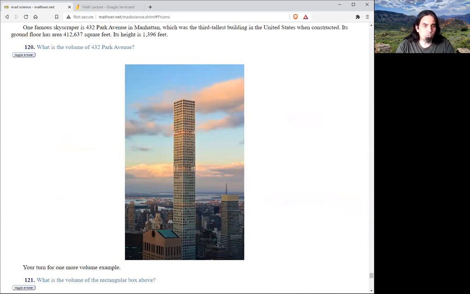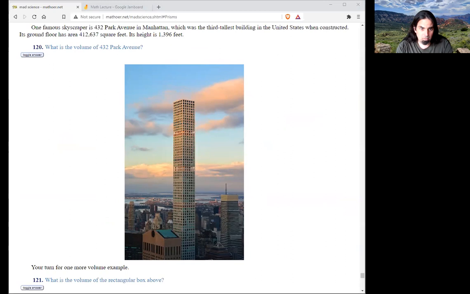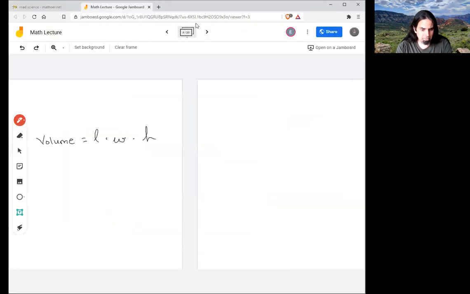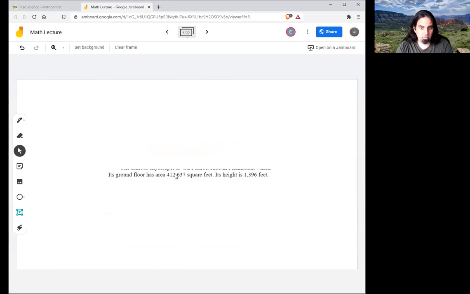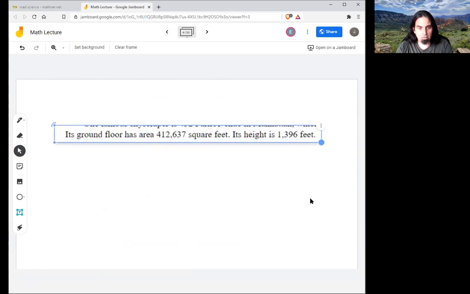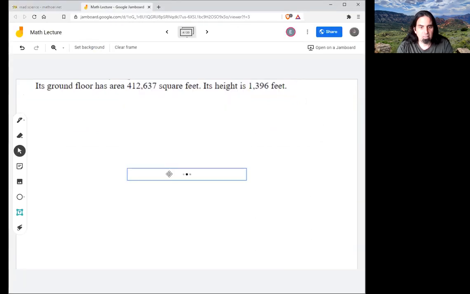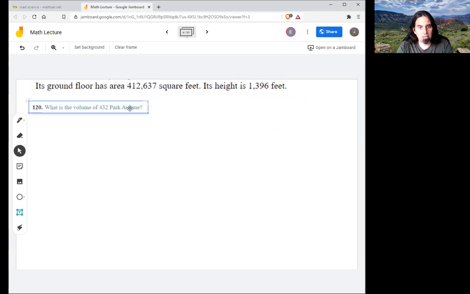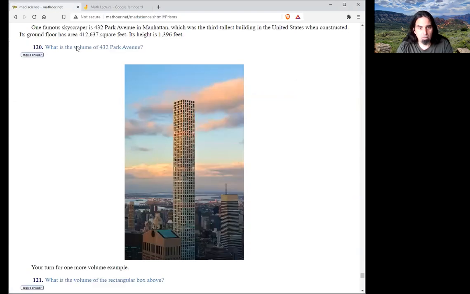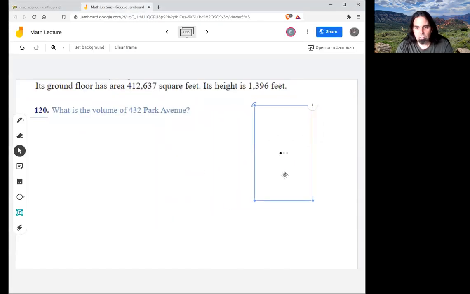It has a ground floor with a certain amount of square feet of area, and we're wondering what the actual volume of it is.